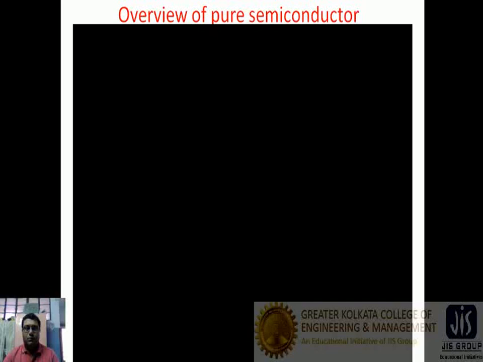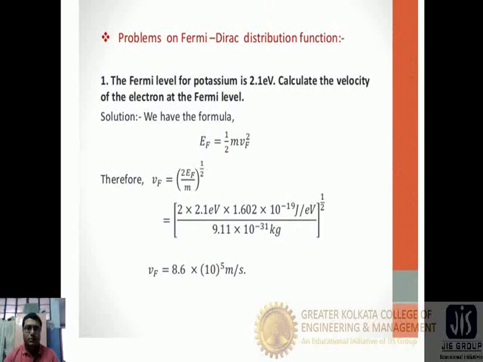Now we are going to discuss some problems depending upon this Fermi energy. It is the first problem. The Fermi level of potassium is 2.1 eV. Calculate the velocity of the electron at the Fermi level.